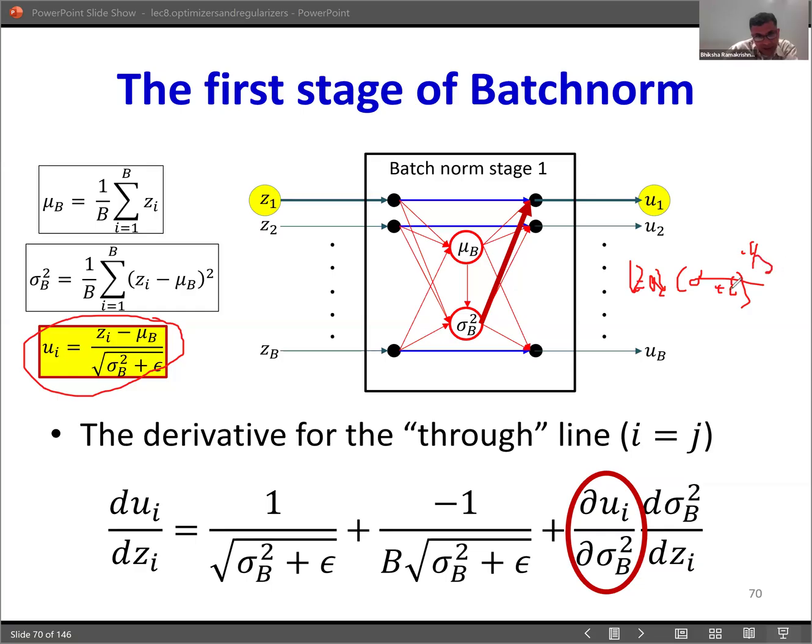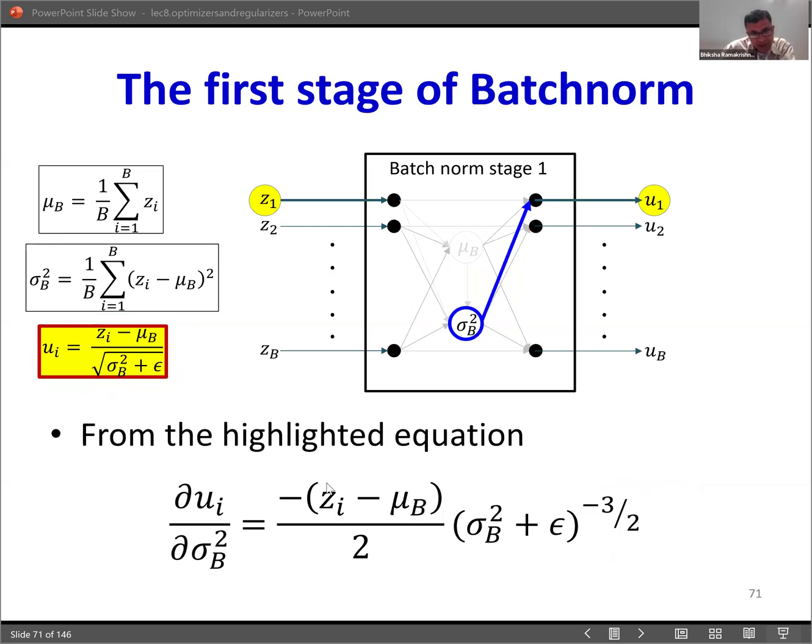Once you work through the derivative, that's simply going to be (z minus mu) over 2, because you had a minus half, times (sigma squared plus epsilon) raised to minus 3 over 2. Everybody got this, correct? This is just your standard calculus from high school.